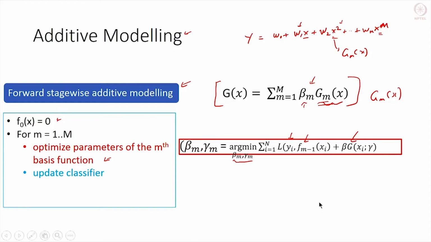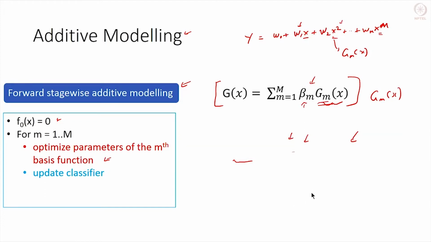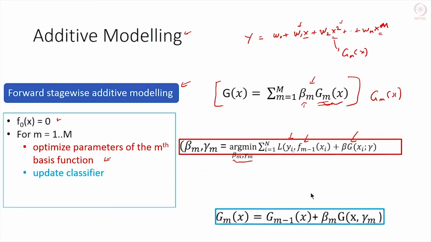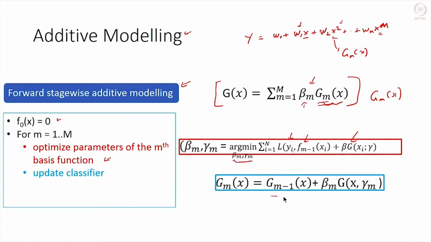Okay. So, beta and g are what we have to figure out in this iteration, when we make no changes to the parameters involved in the classifiers and the beta from the previous iterations. Once you have done that, we update the classifier by adding it with an appropriate weight, which is the basis for the AdaBoost algorithm that we have seen.